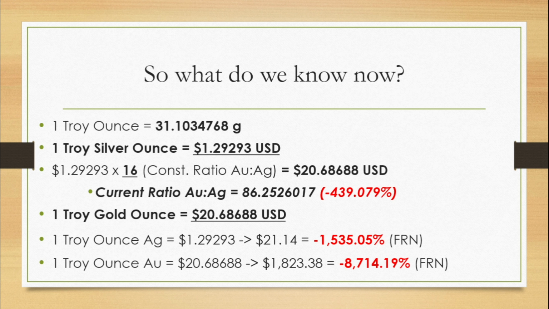We know that 1.29293 times 16, which is the constitutional ratio, will give us $20.68, which should be the constitutional gold value. If we know that by the Constitution there should be a 1 to 16 ratio, and the current market ratio is 86.25, that is approximately 439% off of what it should be according to the Constitution.